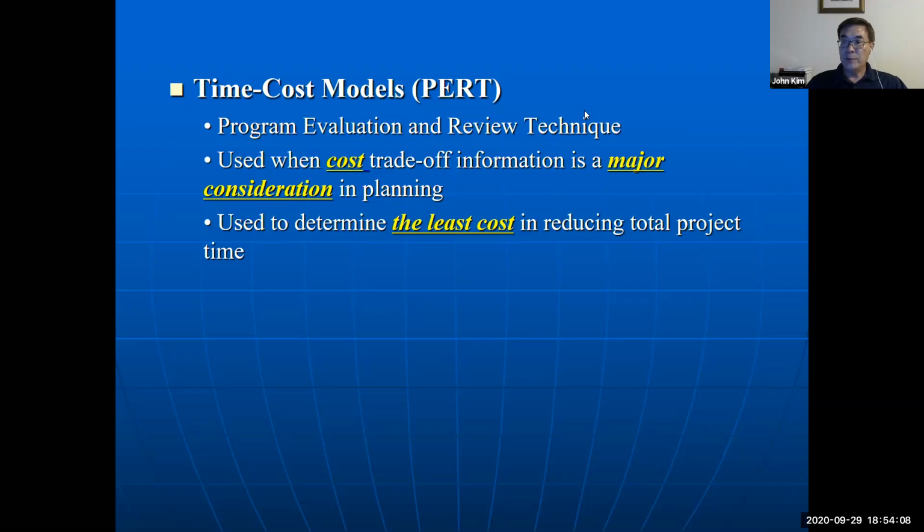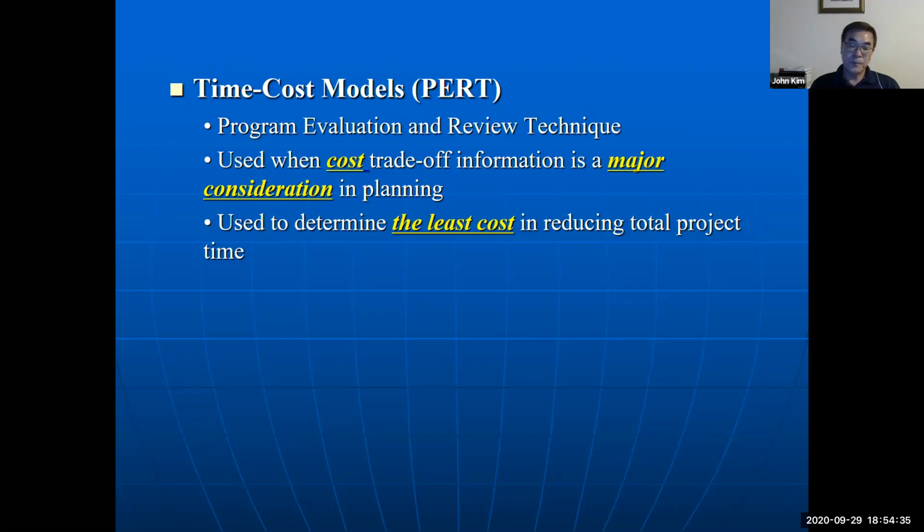But if we have time and cost information about the project, then we can use this model, the time cost model or PERT. So using the same technique, method, draw network diagram and then determine what is the project time.